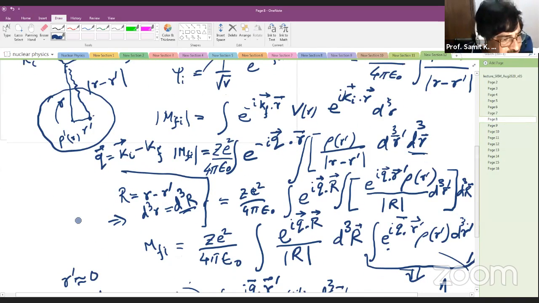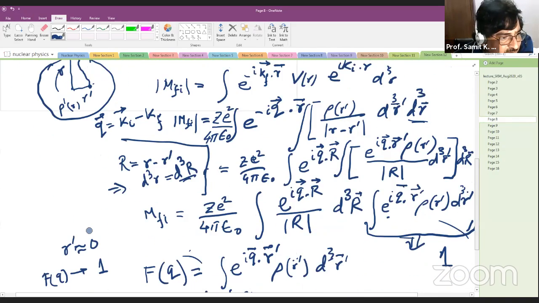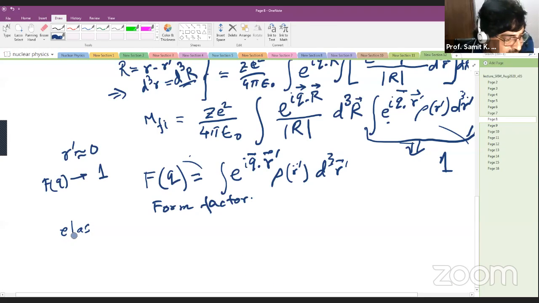Now, if you consider the elastic scattering case, for electron scattering where k_i equals k_f, I am not writing the vector sign every time, but those are vector quantities, so it is equal to k.